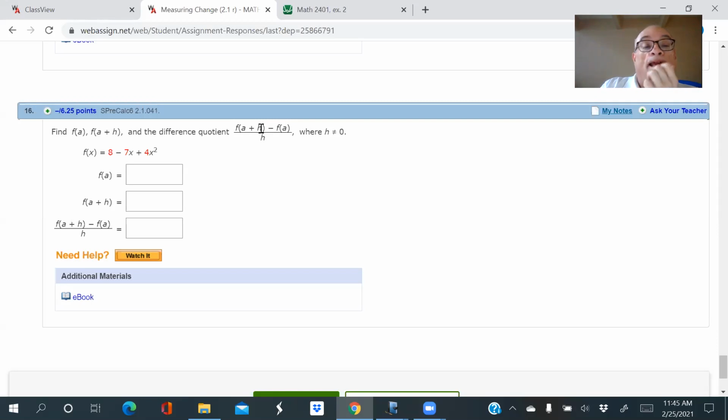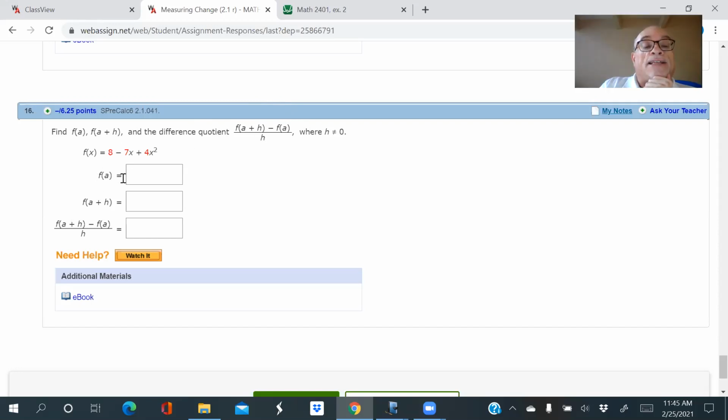The H can be anything at all. But this is the same as computing an average rate of change from the input A to the input A plus H, an input a little bit bigger than A. This type of average rate of change has a special name, the difference quotient, but it's really just an average rate of change.